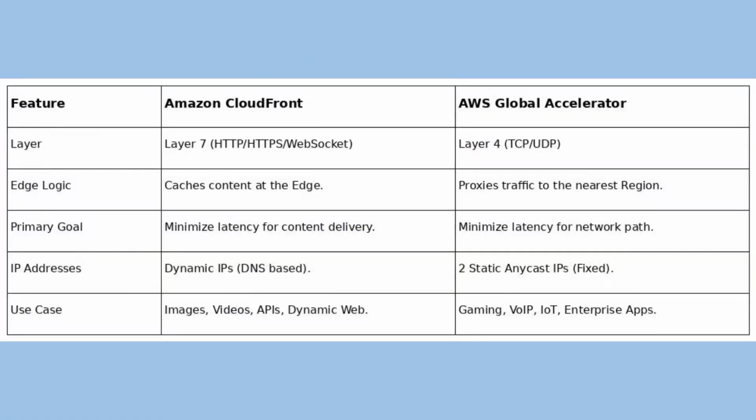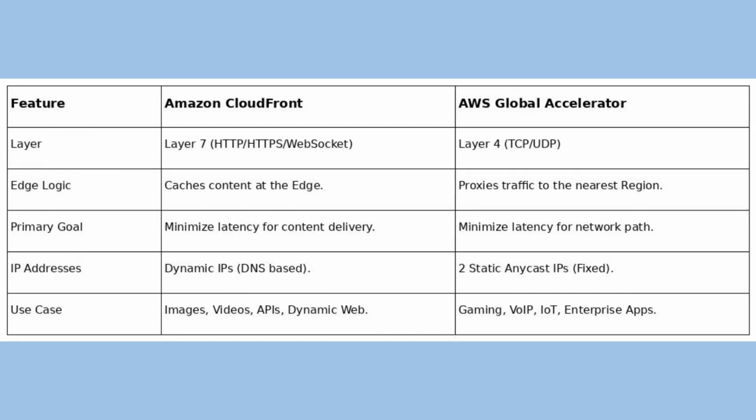And obviously you have a nice little breakdown here of CloudFront and Global Accelerator next to each other. So you can see here Amazon CloudFront works at the HTTP, seventh layer, with WebSocket and HTTP, HTTPS. Global Accelerator is more TCP, UDP.